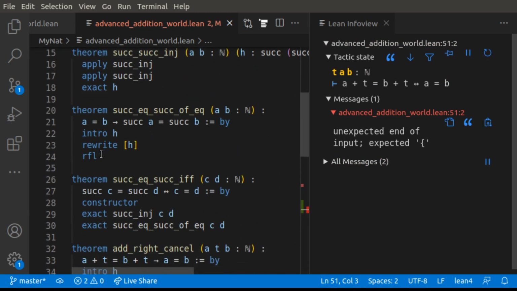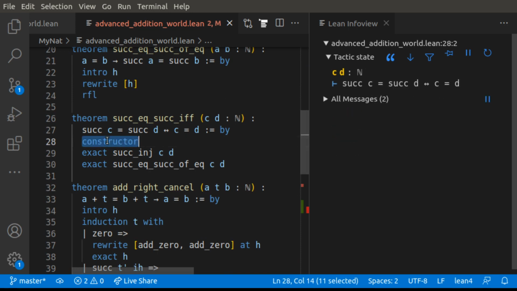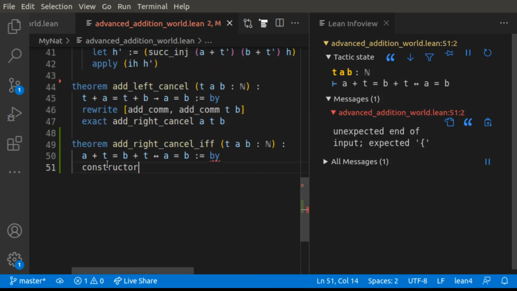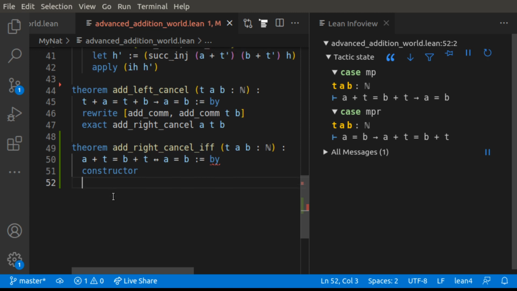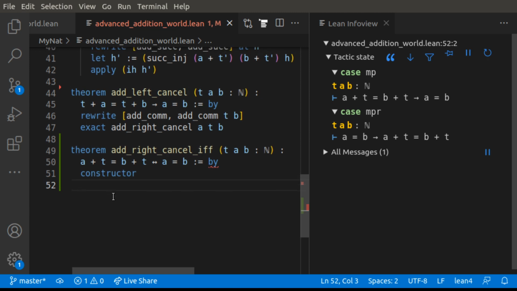We're going to use our constructor to figure out the first case: a + t = b + t.